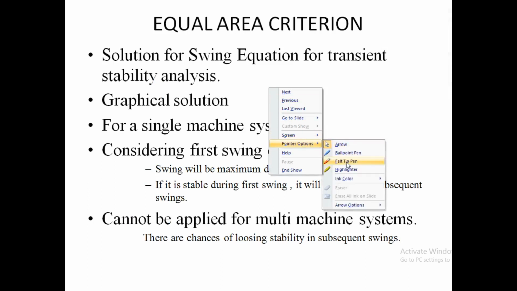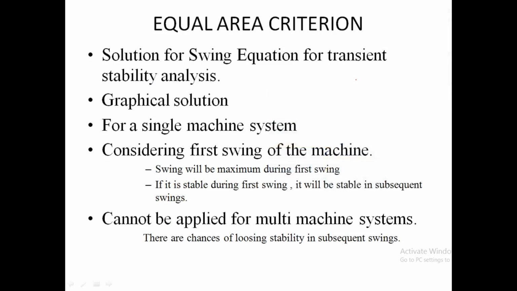If you consider a pendulum in a clock, if the pendulum is free to oscillate, then that oscillation will be maximum during the first swing. Similarly here also, the swing will be maximum during the first swing.